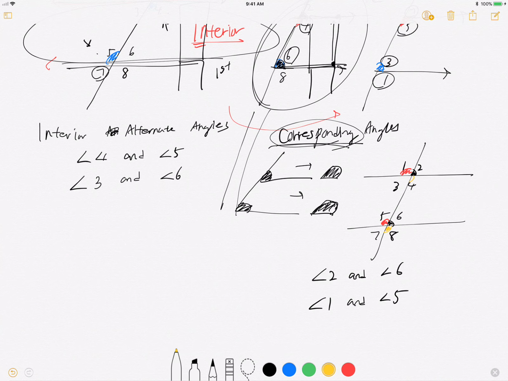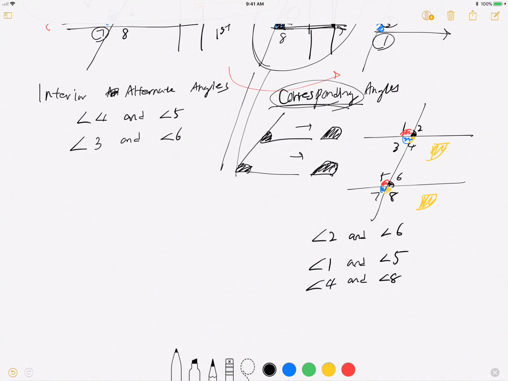This 8 with this 4, because they're the same location, just different levels, right? 4 and 8, they're corresponding angles. And look how the 8 looks like this, and the 4 also looks like that. It looks like the same shape, right? The last one, you guys can probably tell, 7 and 3.